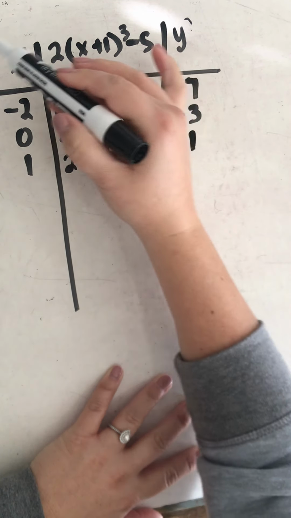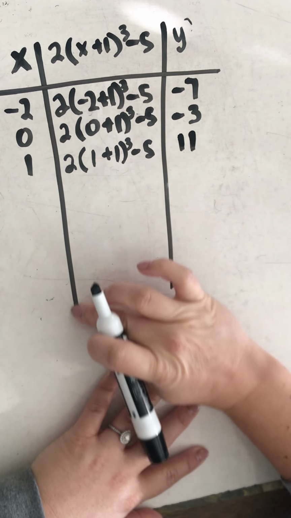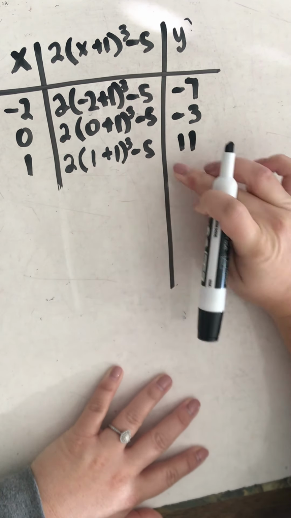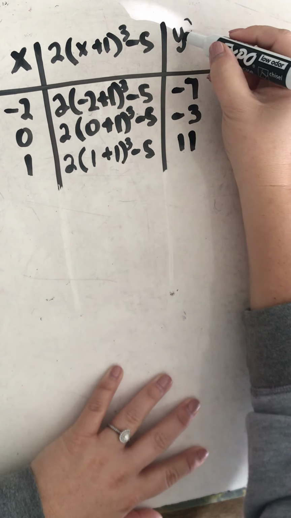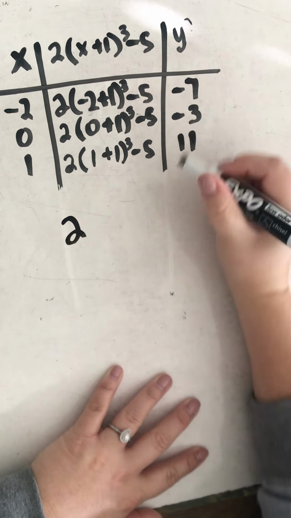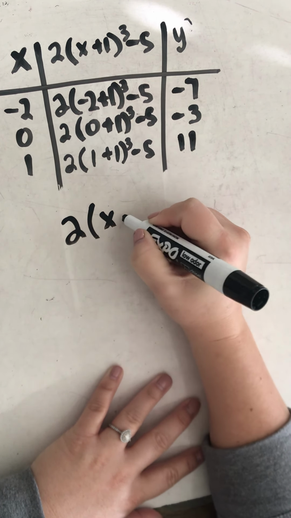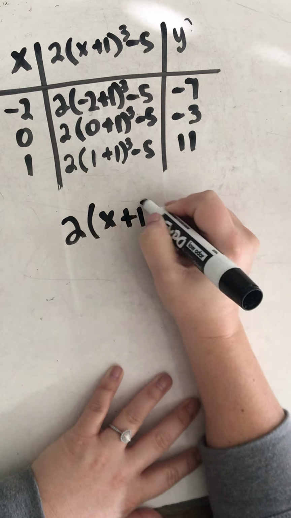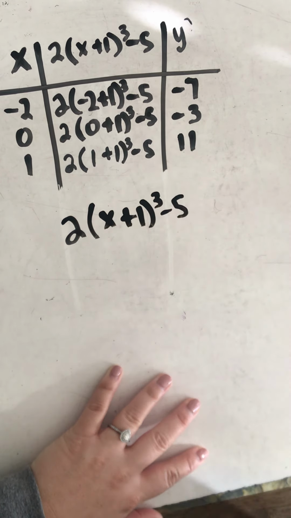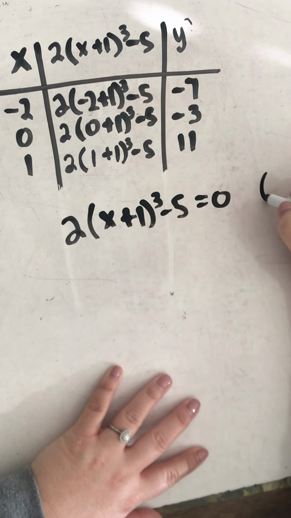Now, the last thing we want to find is that x-intercept. So we have to actually set this equation equal to 0, y would be 0, to find out what x is. So 2 times x plus 1 to the third minus 5 equals 0. Now this is to find our x-intercept.